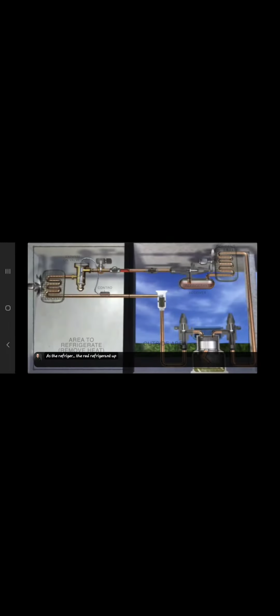Let's animate this. We can get a better look at what's actually happened. So you'll note up top as the red refrigerant up top turns blue as we drop the pressure temperature. Right now we're absorbing BTUs and it's turning translucent. Now it's a low pressure, low temperature gas. Okay. What do I need to do to that gas to be able to reject BTUs to the outside ambient? I got to spike that pressure.